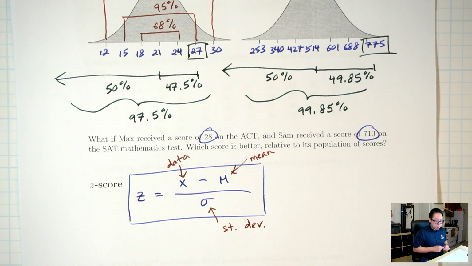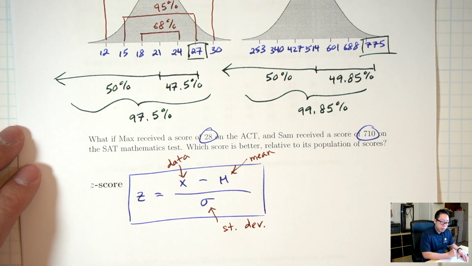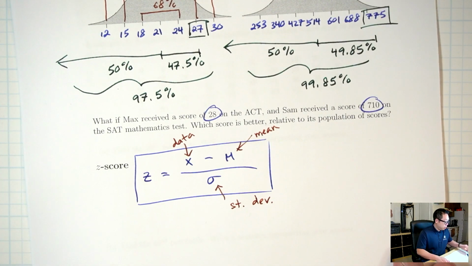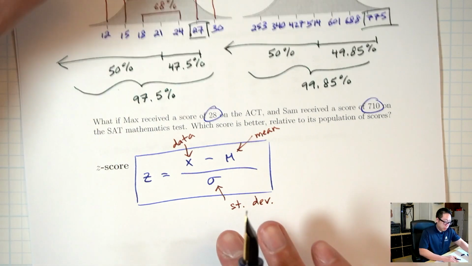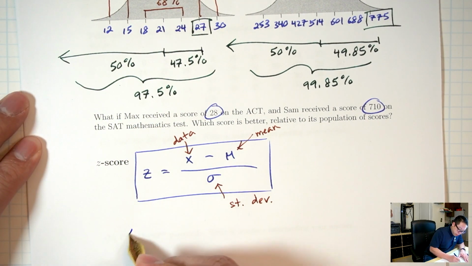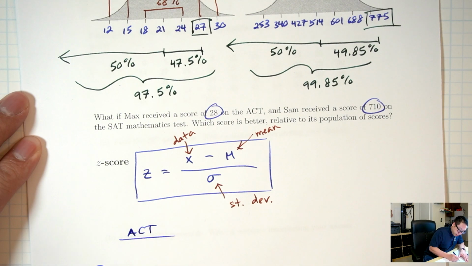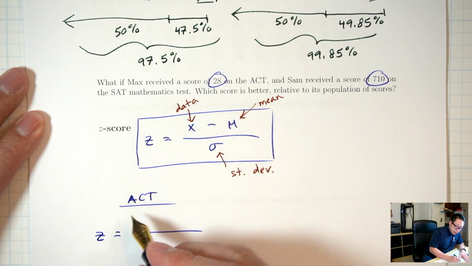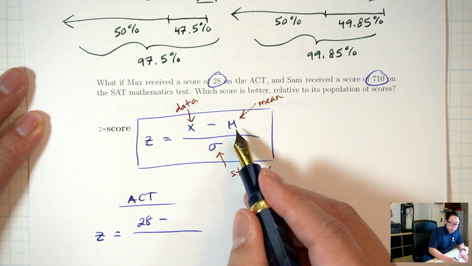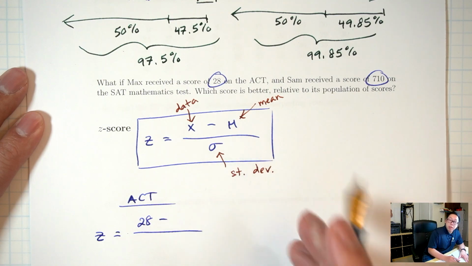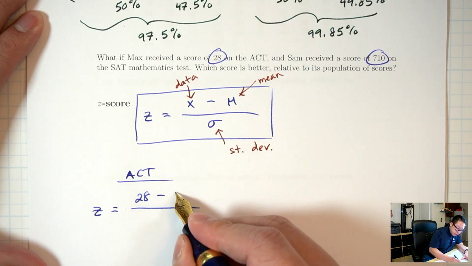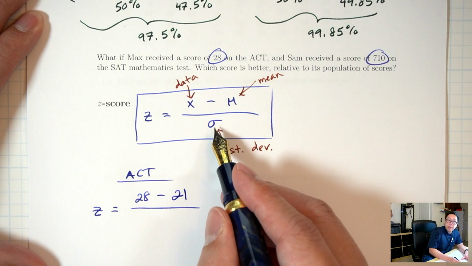Okay, so let's calculate the z-score for the ACT and then the z-score for the SAT math, the 710. So let's start with the 28. Okay, so first your data, which is the 28, minus the mean. So we're talking about the mean for the ACT. The mean for the ACT is 21. So 28 minus 21, and then over the standard deviation for the ACT.